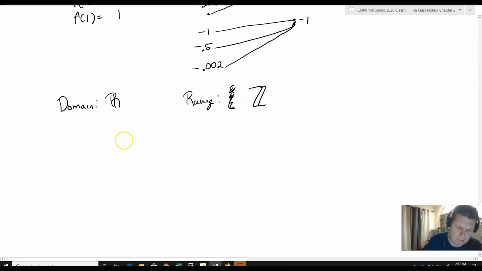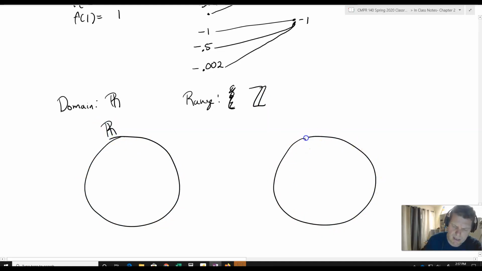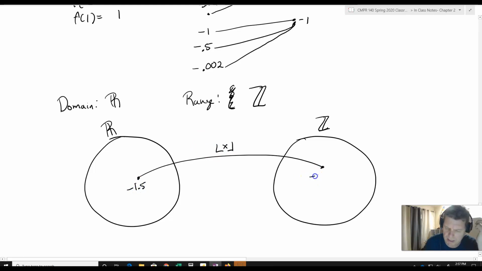So when we think about our mapping, it's going to go from R into Z, the set of all integers. And we'll imagine that floor function doing this. So like we said, negative 1.5 will go onto negative 2.